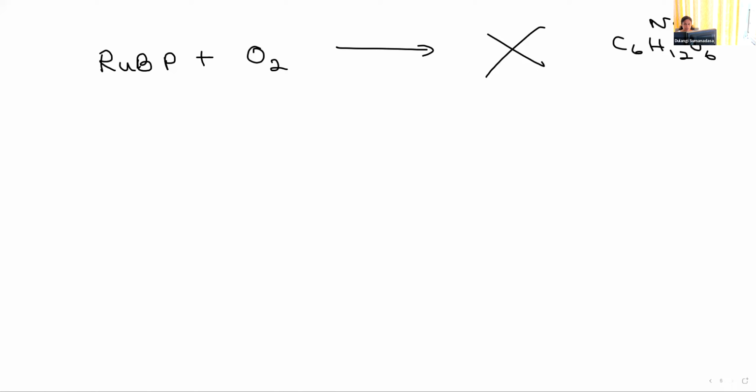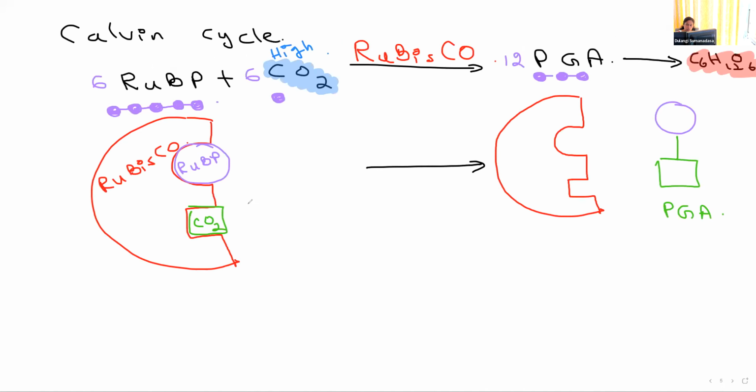Right, so can you draw the same thing? RuBP binding to the oxygen with the Rubisco enzyme. Do exactly the same thing, but you're not introducing carbon dioxide, now instead oxygen.